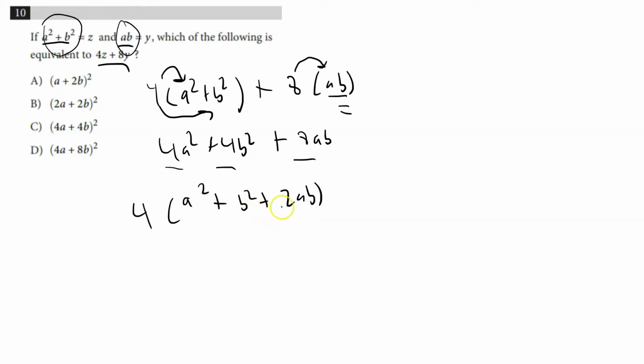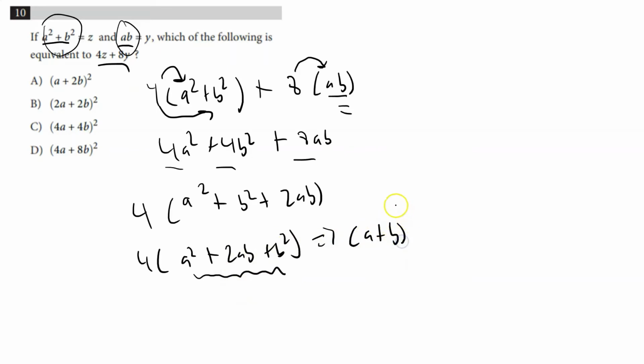In this a squared plus b squared plus 2ab, we can rewrite that as a squared plus 2ab plus b squared. And this should be a pretty familiar form to you. If you've been studying for the SAT, you've done Algebra 2, whatever. My point is that this is just an expansion of a plus b quantity squared.